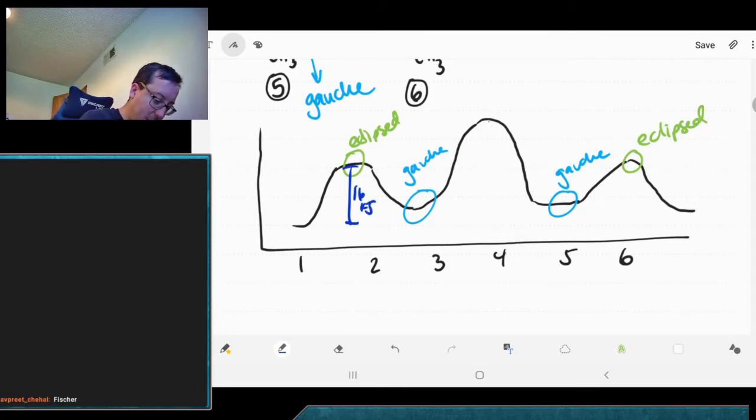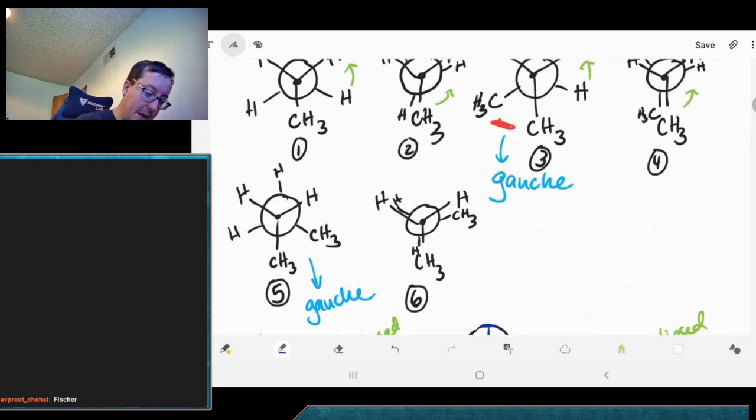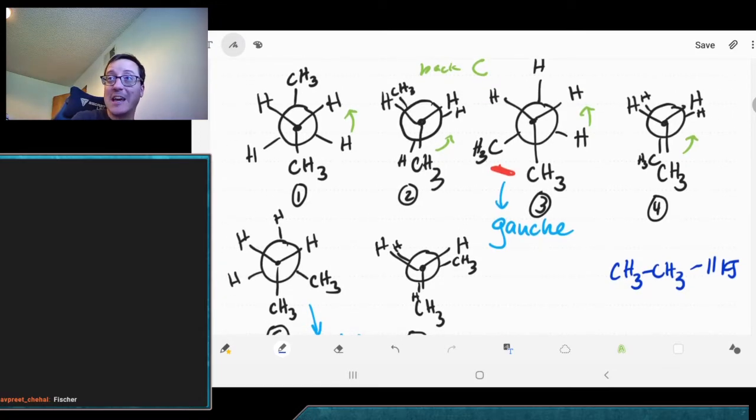We're going to see that number 4 is 19 kilojoules. So we're going to see that a methyl bonk is about 11 kilojoules. Right? We have 2 HHs. Each HH is 4. So 19 minus 8 is 11. That gives us the 11 kilojoules for the methyl interaction.